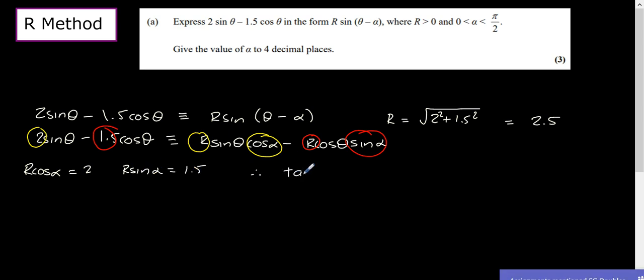So therefore, tan alpha is going to be 1.5 over 2. And we can work out alpha, again, remembering that we're working in radians. So we'll do arc tan of 5. We get 0.6435 to 4 decimal places.